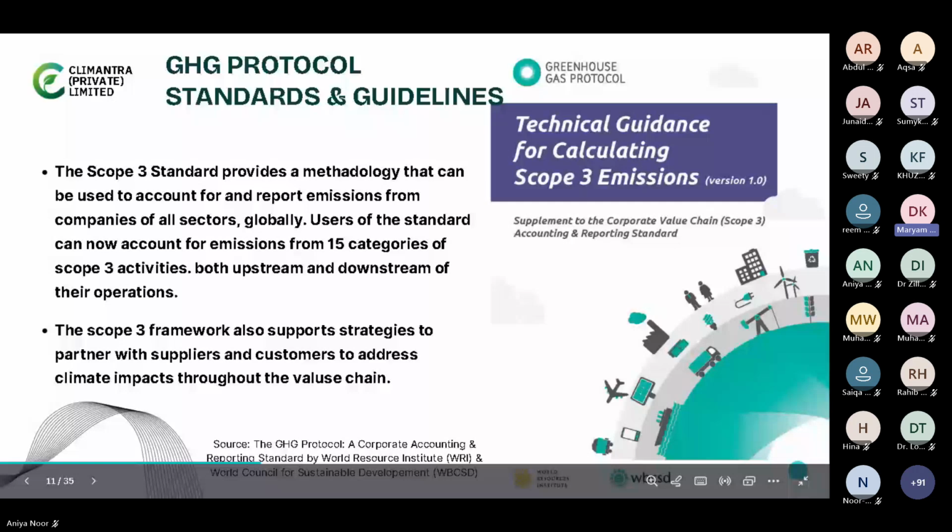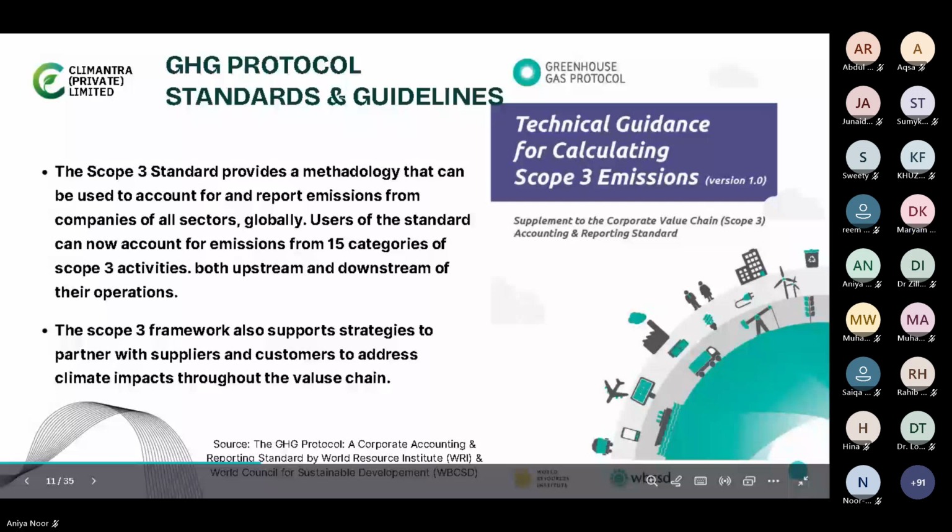Upstream sources are before, while downstream are related to the endpoint. Yes, Maria is right.